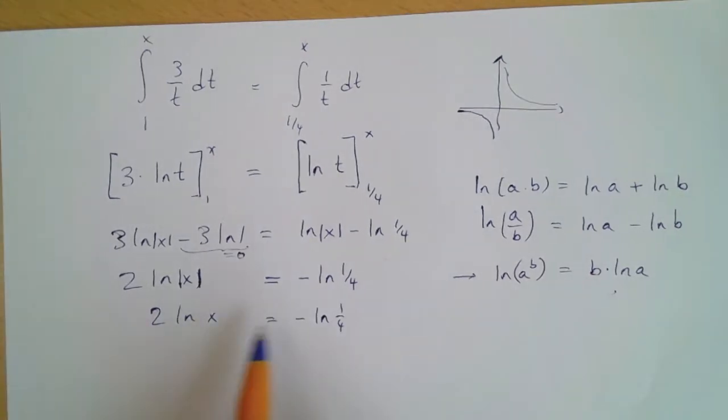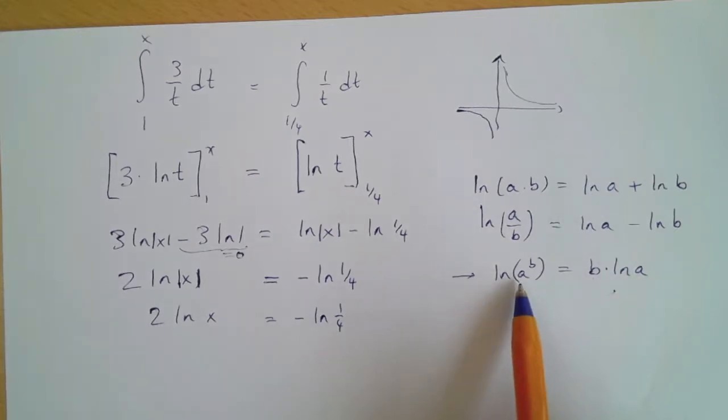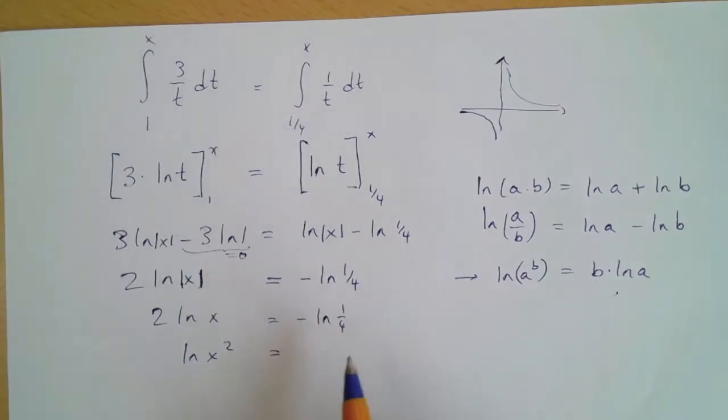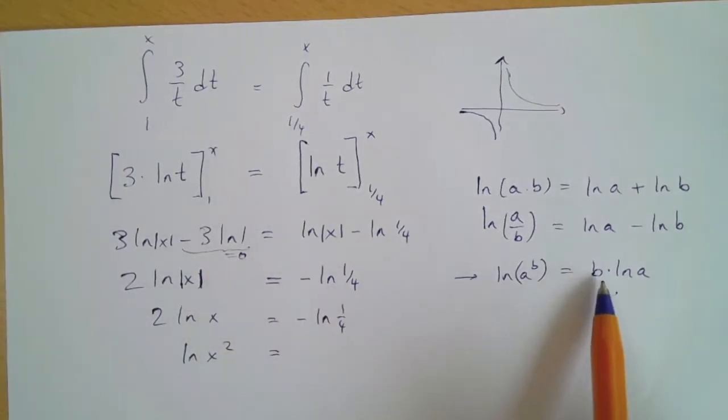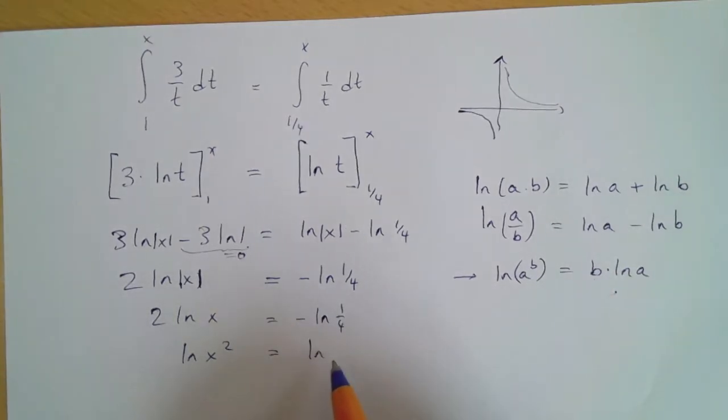We have 2 ln of x, it's equal to ln of x squared. And we have negative ln of 1/4, so it's ln of 1/4 to the power of negative 1.